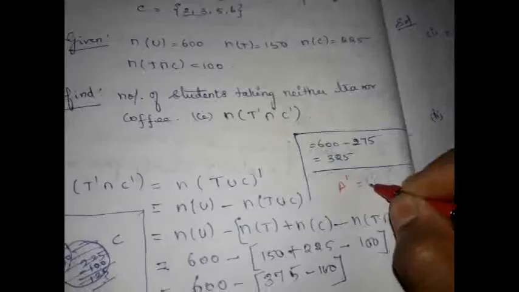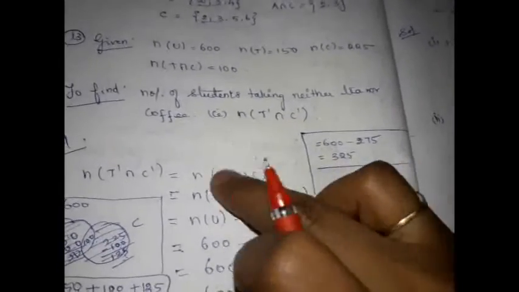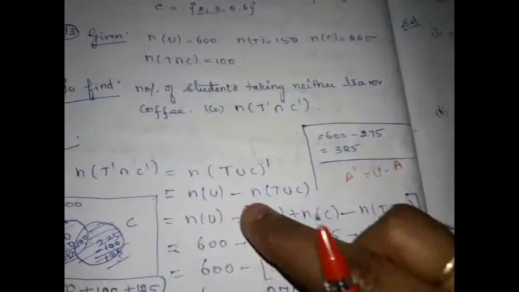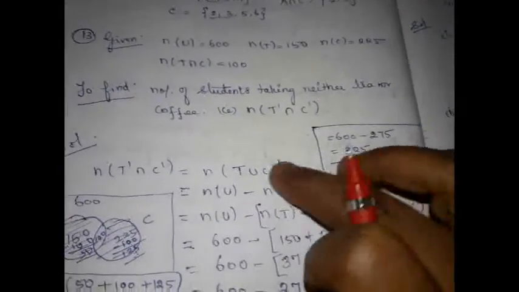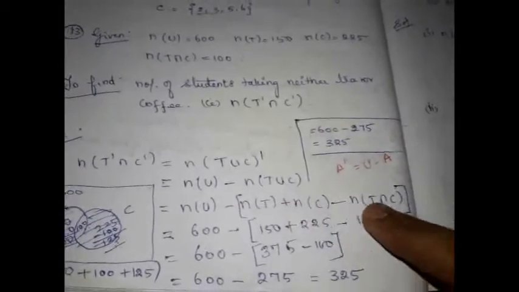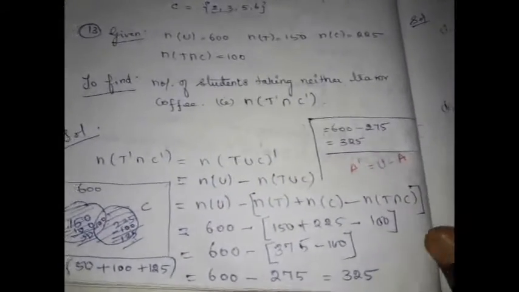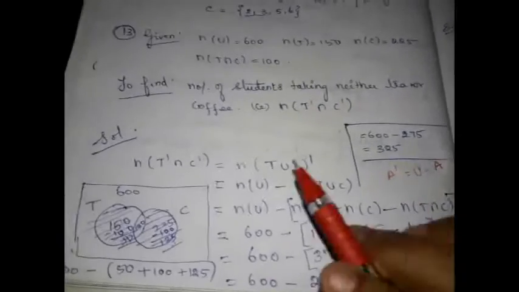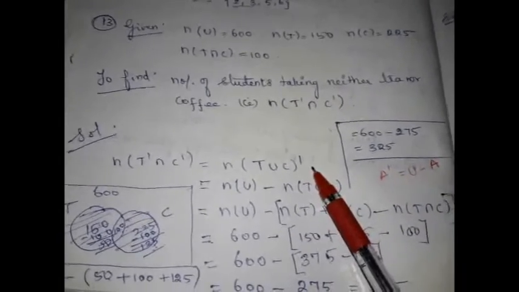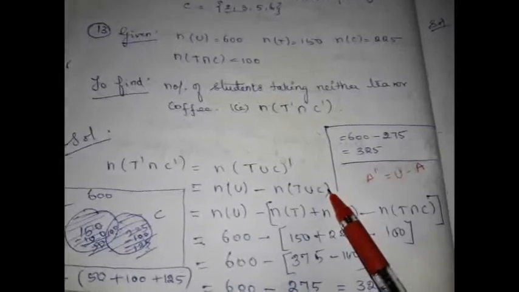A dash is U minus A, right? So here your set is T union C. So n of U minus n of T union C. We know the formula for T union C. What is it? n of T plus n of C minus n of T intersection C. We know all these values which are given in the question. Substitute and find the answer.